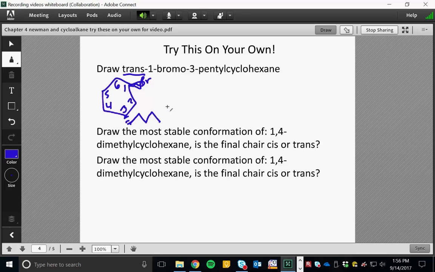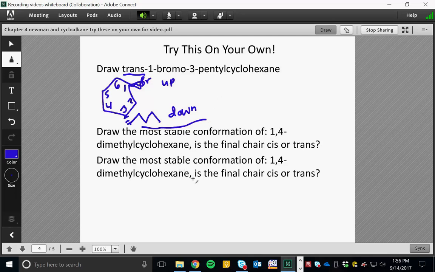Whenever you make this into the chair, and we're going to try this in a moment, the bromo would be in the up position and the pentyl group would be in the down position. Up and down has nothing to do with axial or equatorial until you put it in the chair format. Ideally, you would want the pentyl group to end up in the equatorial position because it's the larger group.